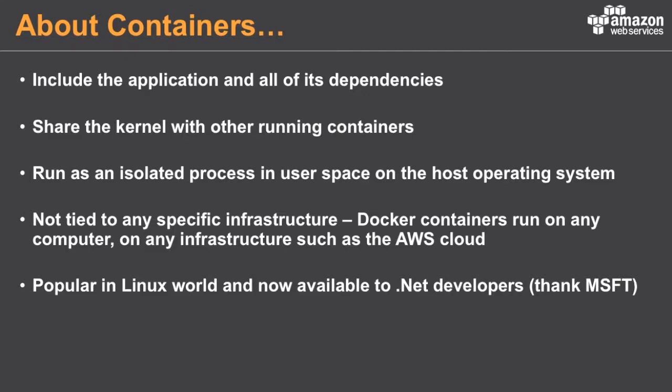Containers also share the kernel. In other words, they have very lightweight processes which are isolated from each other within the operating system. So you can run multiple Docker containers side by side, which will not interfere with each other.